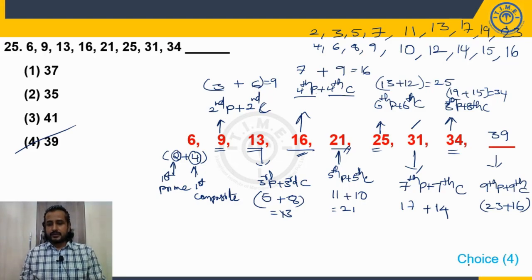The logic is that the first prime and first composite are taken together as the first number, then the second prime and second composite, third prime and third composite, and so on. So to get the answer, the ninth prime and ninth composite have to be taken: 23 plus 16, which is 39. As I told you at the beginning, it is a very difficult logic. Please observe this logic and, if required, try to implement it.